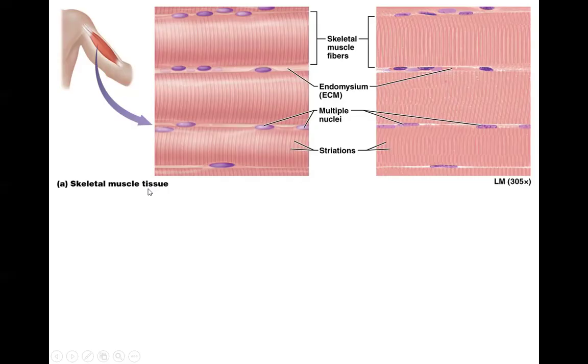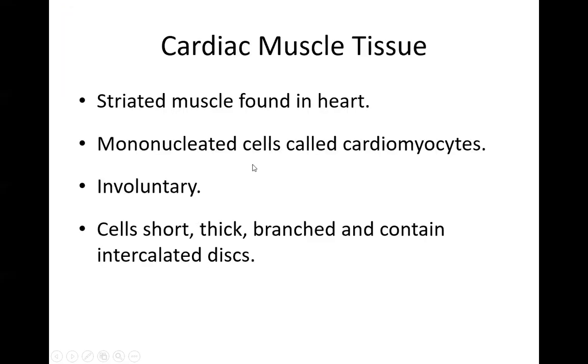So the skeletal muscle tissue, you would have skeletal muscle fibers. This is your endomysium, and these are multiple nuclei, and these are striations. So the cardiac muscle tissue. The cardiac muscle tissue is striated muscle that is found in the heart.